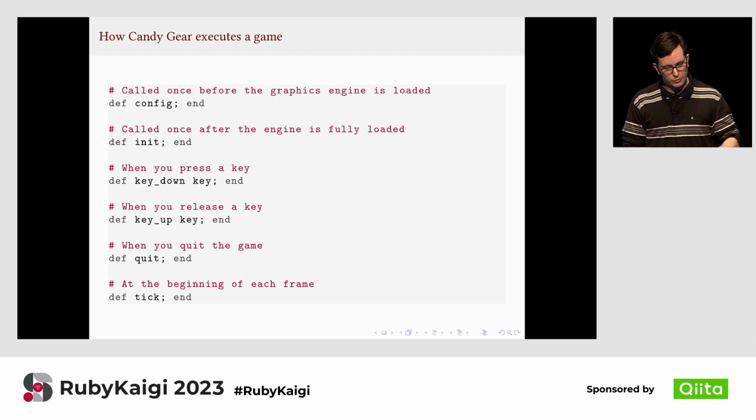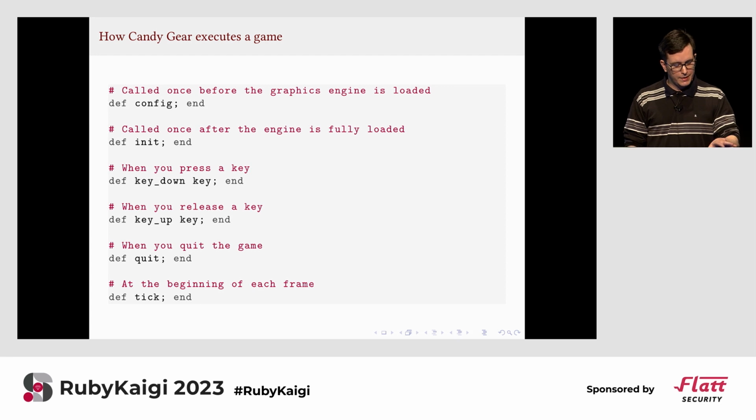Then the engine calls the config. After calling it, it finishes the initialization, and then there is the init method. In the init method, we can create some things we cannot do in the config, like textures, models, and so on, because the engine was not fully initialized in the first call.